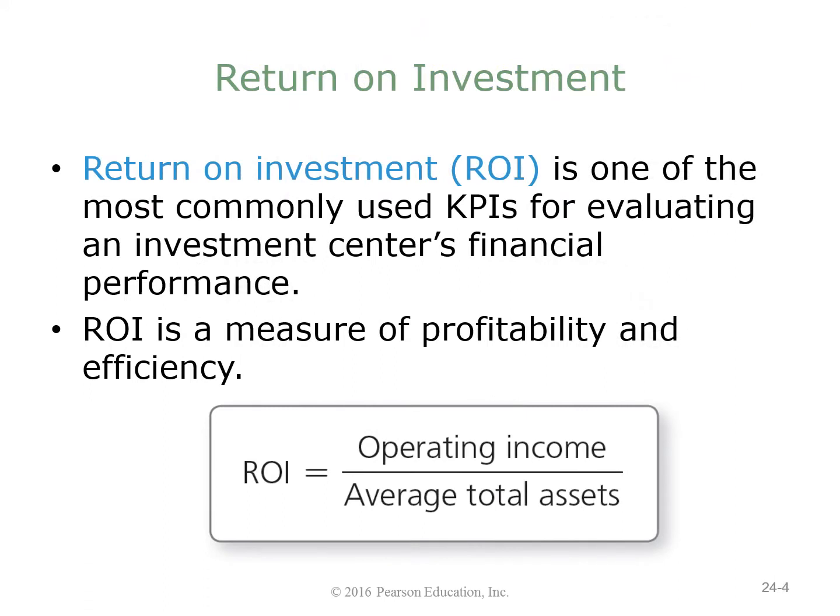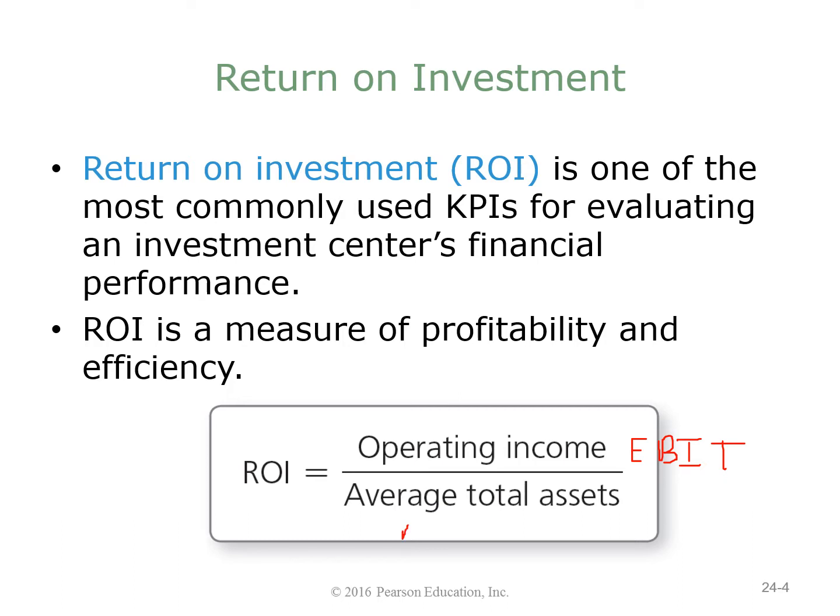First of all, we can use the return on investment. Return on investment is one of the most commonly used KPIs for evaluating an investment center. The ROI is measured by dividing the operating income, in some cases called the EBIT, earnings before interest and tax, over the average total assets.